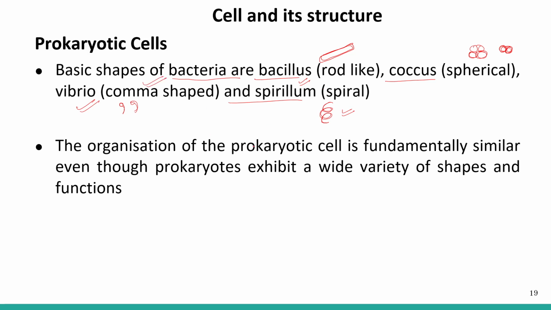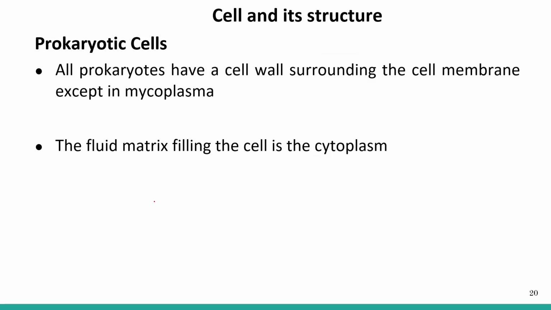The organization of the prokaryotic cell is fundamentally similar, even though prokaryotes exhibit a wide variety of shapes and functions. So prokaryotic cells are fundamentally similar to every cell, because this is also a cell, right? But they have a variety of shapes and functions.